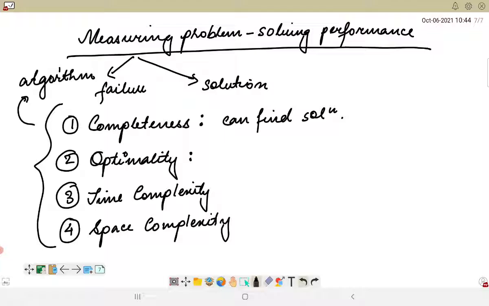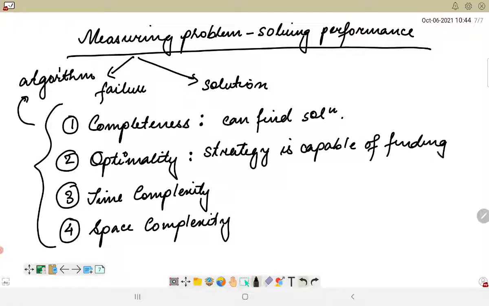So if there is a solution present, whether that strategy is capable of finding the optimal solution. Generally it means that we have to find the solution with the lowest path cost.